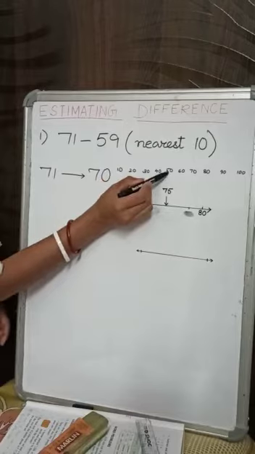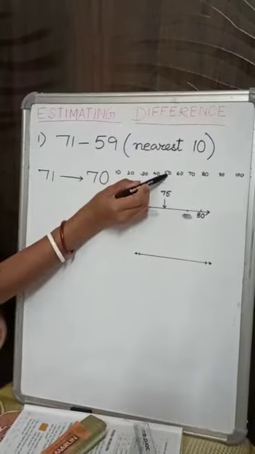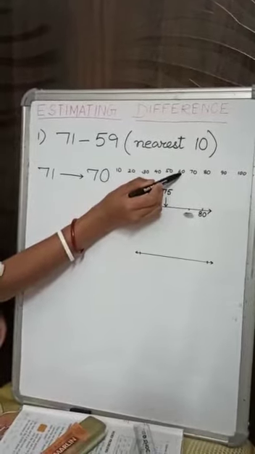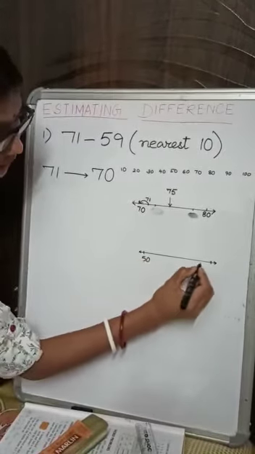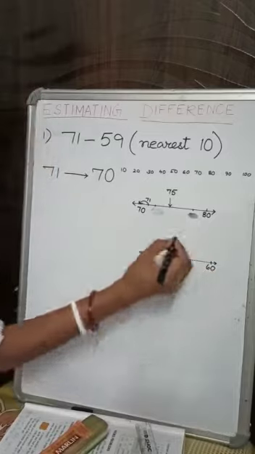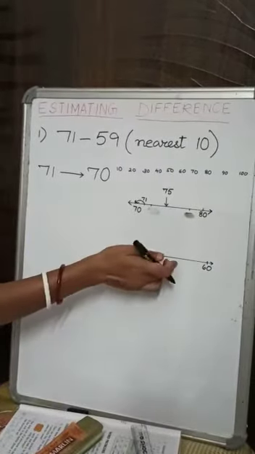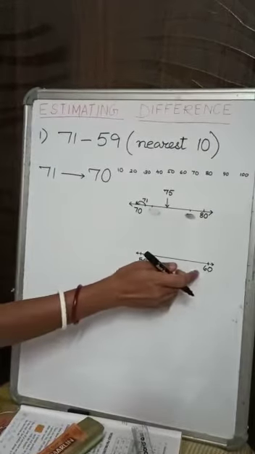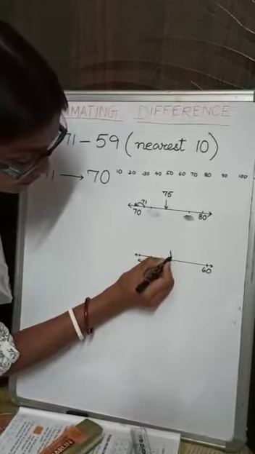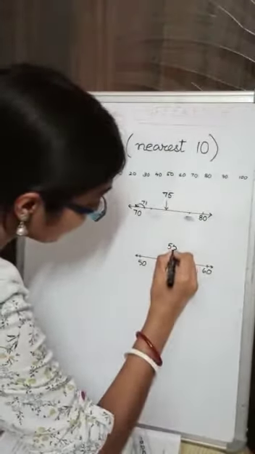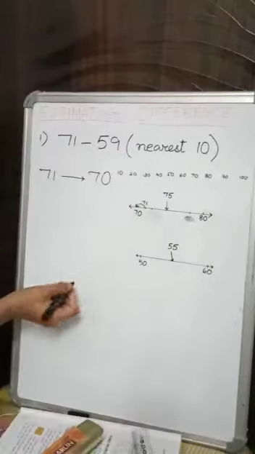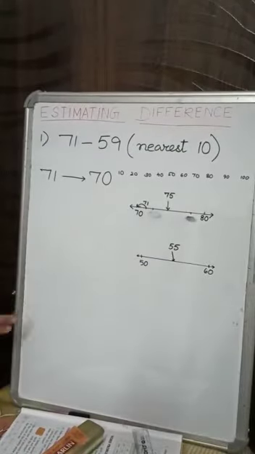So you can see here 59 is greater than 50 and less than 60. So it will lie between 50 and 60. Next you have to find the middle number of 50 and 60. So the middle number is 55. 55 is the middle number of 50 and 60.